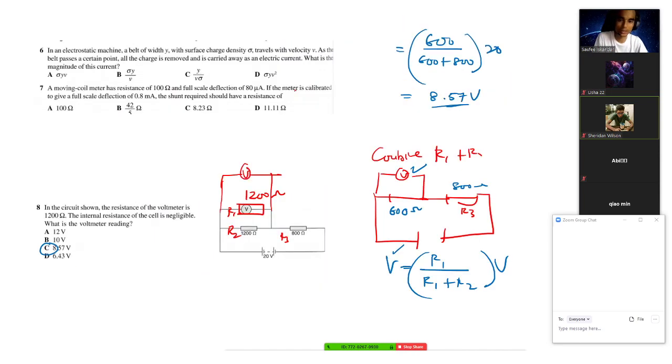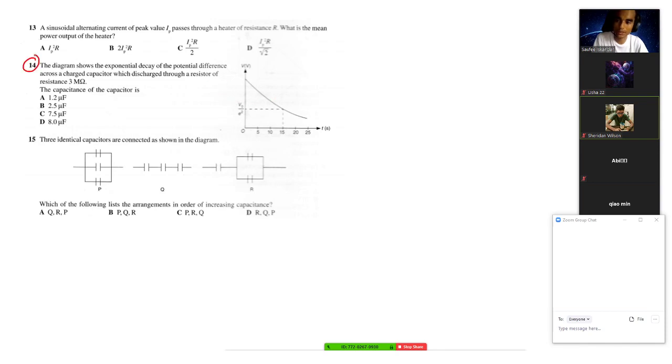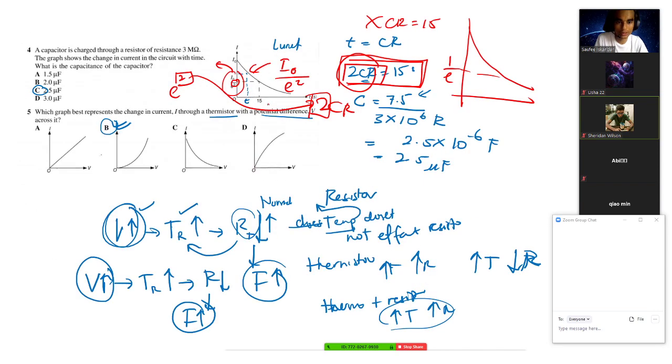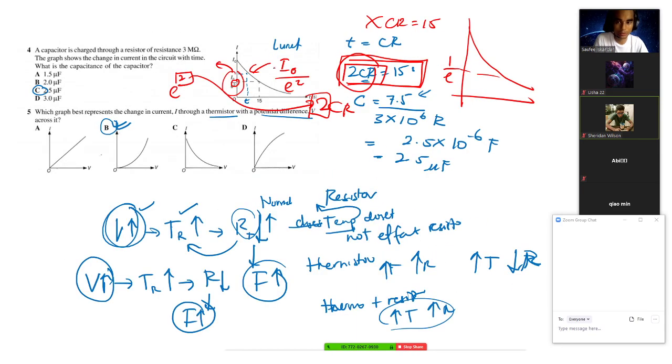another thing is, later on we have question number 14 using V naught over e squared. The same method will be used. So if you're given a graph of I naught over e, you just use the tau, the time constant, equals CR.